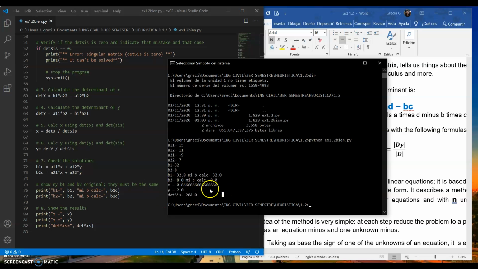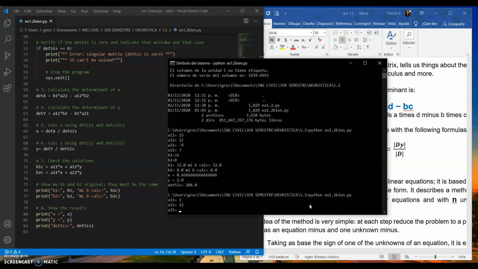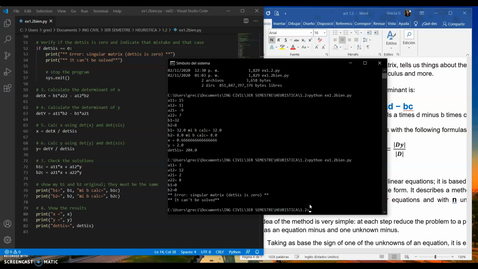So here I don't have a singular matrix, but I will repeat it with other numbers. In this case, 3, 12, 2, 8, 0, 0. So it is a singular matrix, because the determinant is 0.